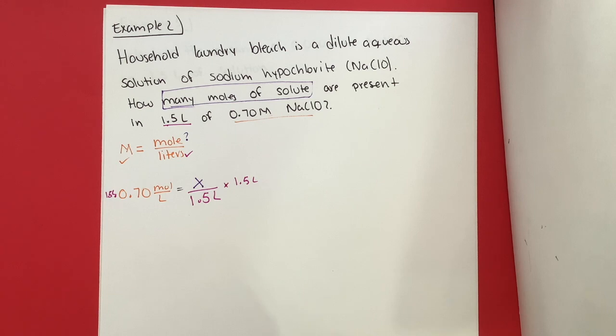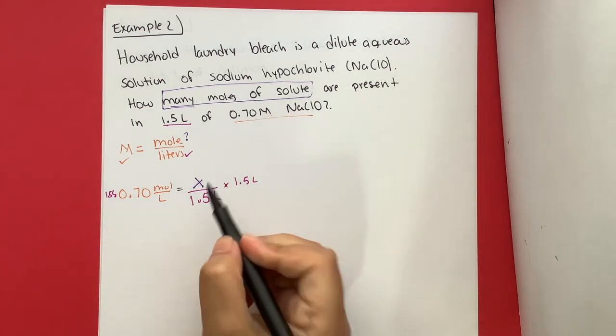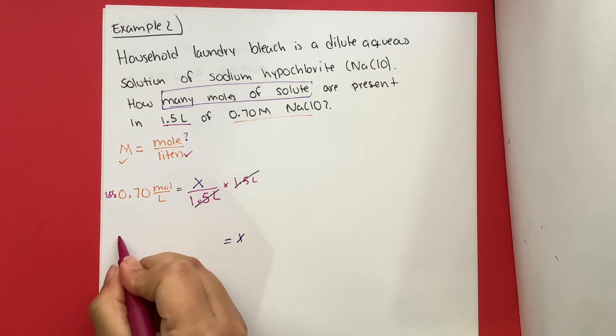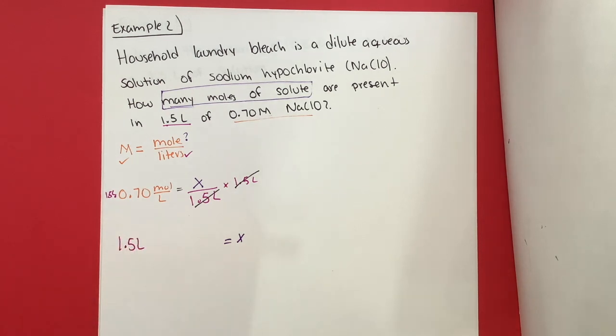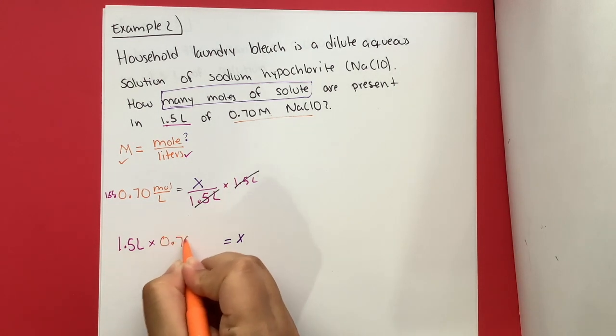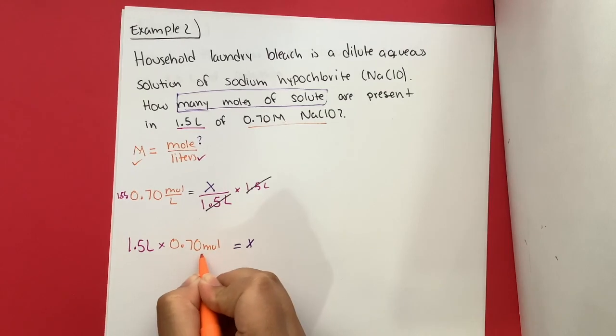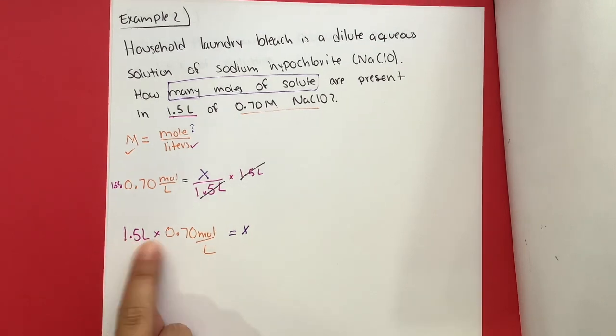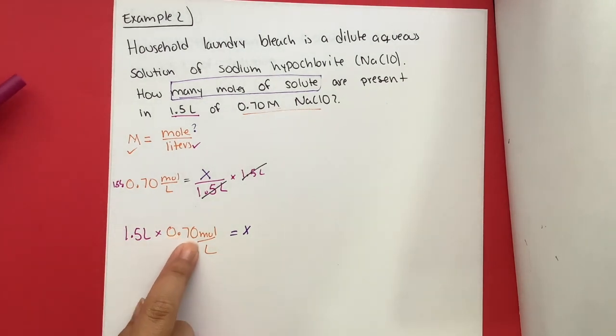Here, this 1.5 and 1.5 cancel out. So I'm left with X equals 1.5 liter times 0.70 moles over liters. Okay, so I'm going to multiply 1.5 times 0.70.